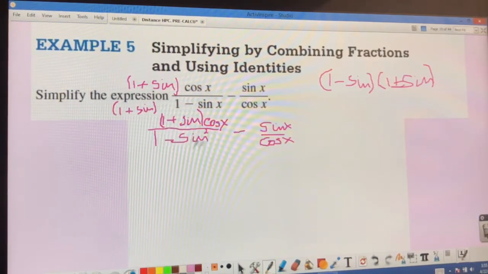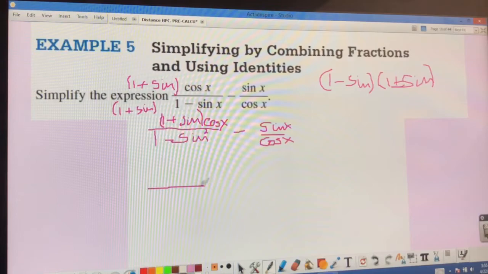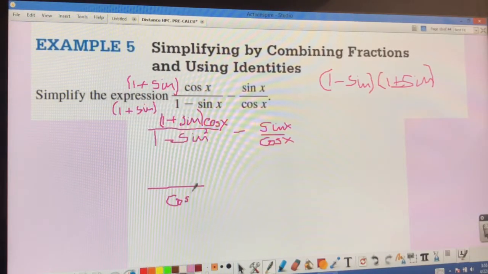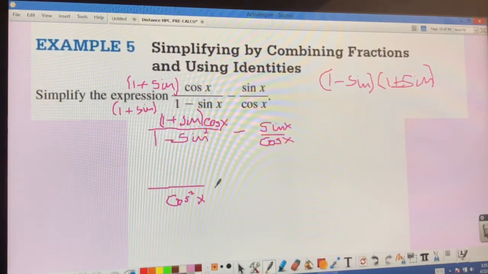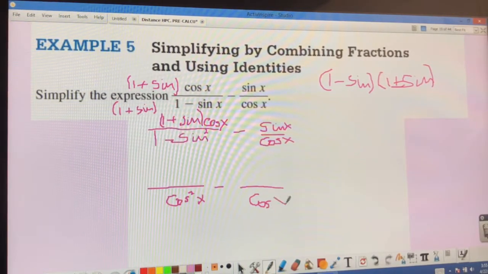So now this right here, 1 minus sine squared is the same as a cosine squared right here. So when I write them in the next line, I'm going to write them. Now get in the habit of writing it downward. So cosine of x squared. Now they have cosine of x in the bottom on both of your fractions, which is what you want, okay?